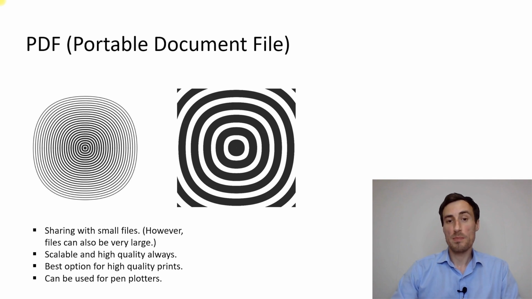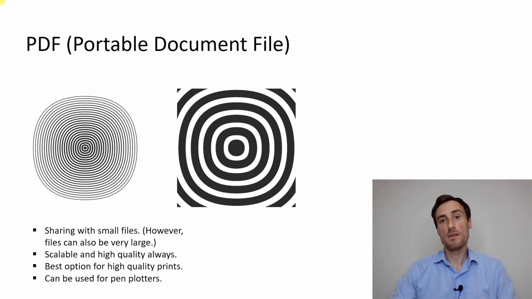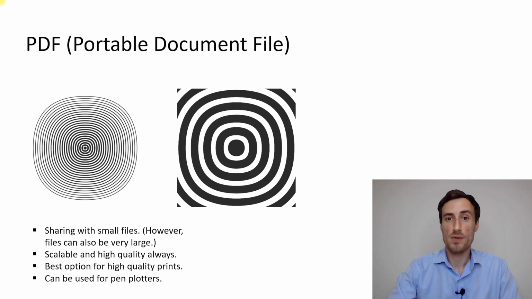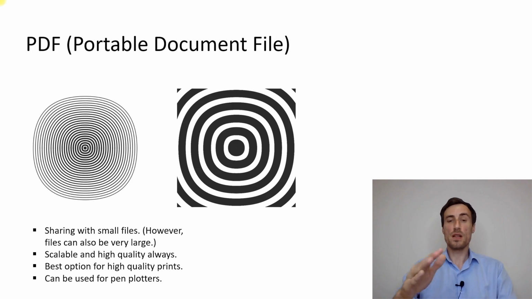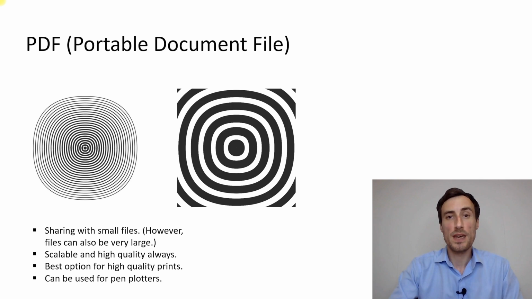And it's also the best option for high quality prints if you work with simple graphics. Additionally, you can use it for pen plotters. You can even translate PDFs into DWG or DXF files, for example for CAD software, where I can open them in AutoCAD or in any 3D software. So there are a lot of intersections using PDFs.